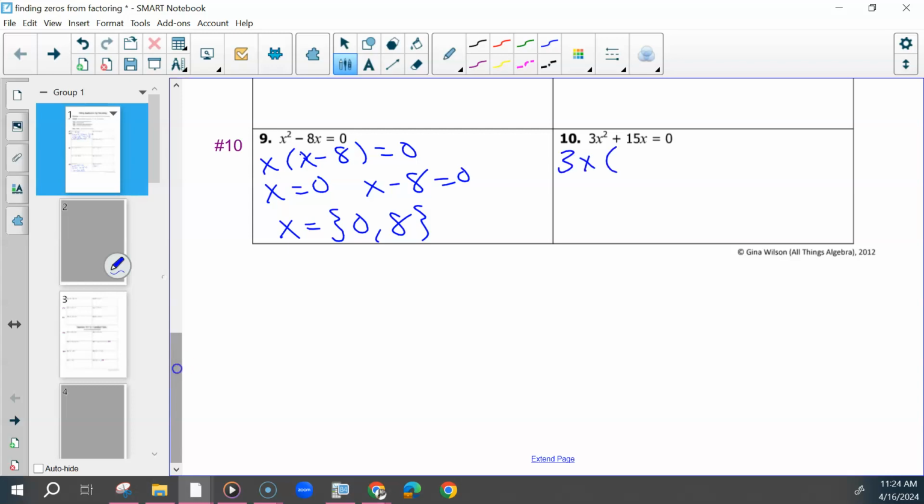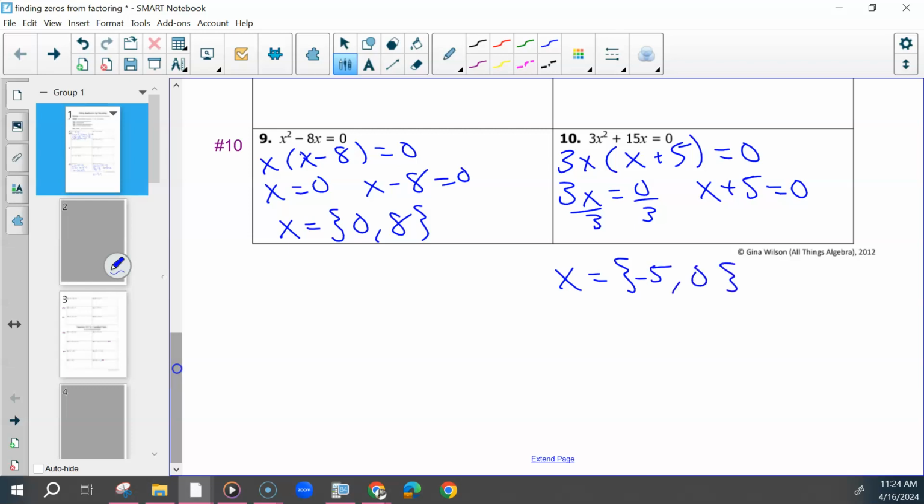What would be left? x plus 5. And then go ahead and set both factors equal to 0. This one, if we solve, we're still going to get 0. What would our two solutions be? 0 and -5.